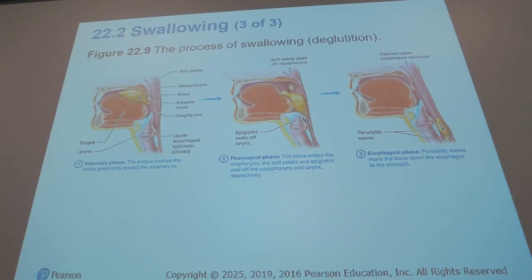And then with this compression, you slide the food into the oropharynx. And at the same time, you elevate your soft palate to seal off the nasopharynx. And then that leads to the moving of the food from the oropharynx into the esophagus. And then you start these peristaltic waves to bring the food from proximal parts of the esophagus into the distal part.